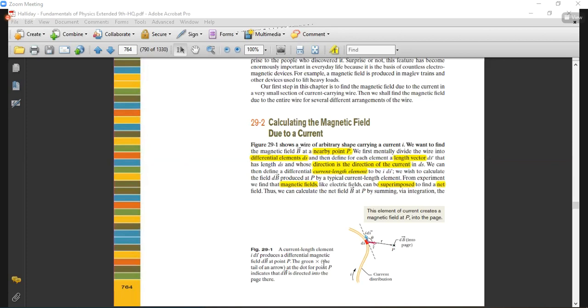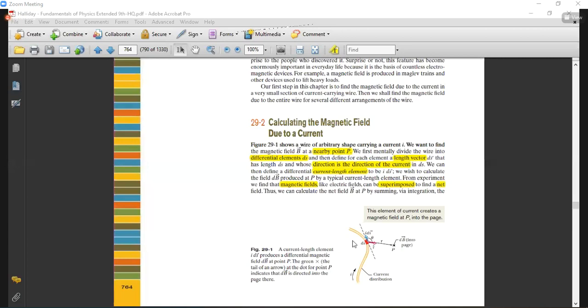So first of all, in order to find out the magnetic field at a point P, which is located at a distance r from the wire from the upper end, we will divide the whole wire into small differential elements.